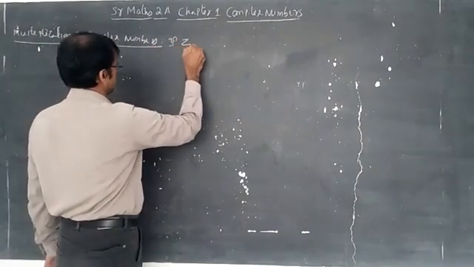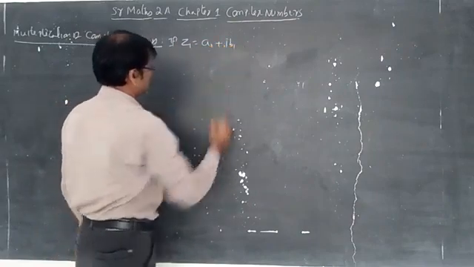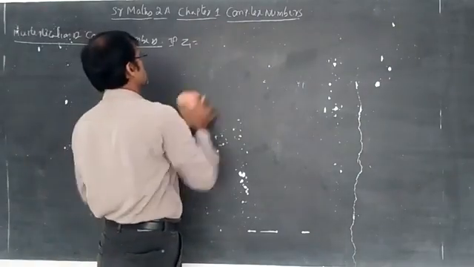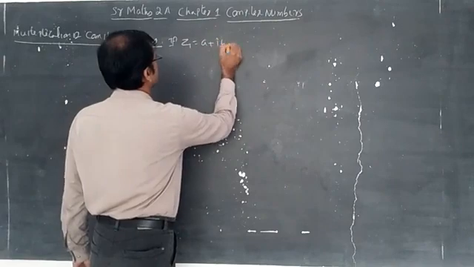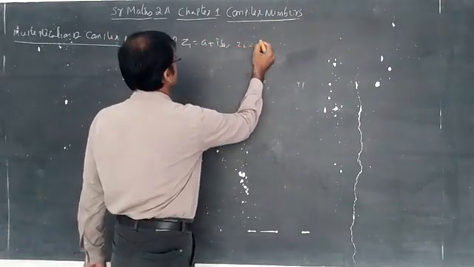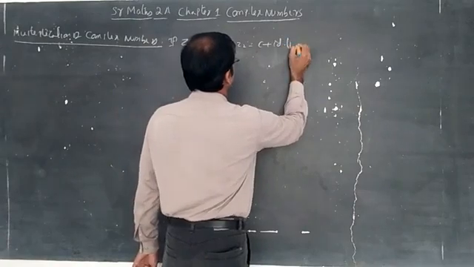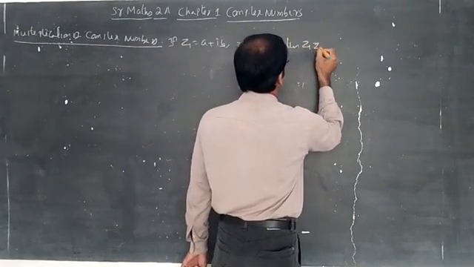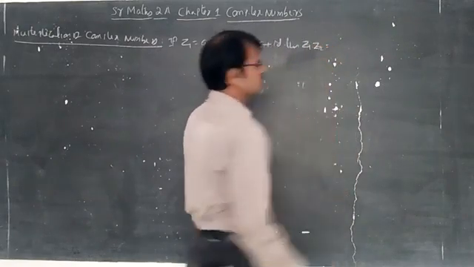If Z1 is equal to A plus iB, and Z2 is equal to C plus iD, then Z1 into Z2, indicated with Z1 dot Z2.